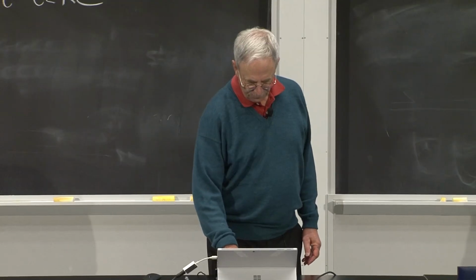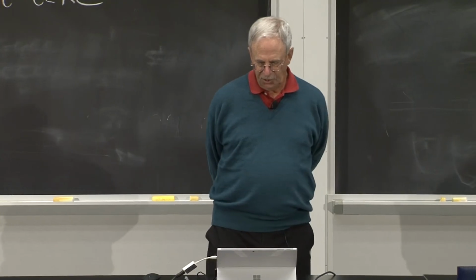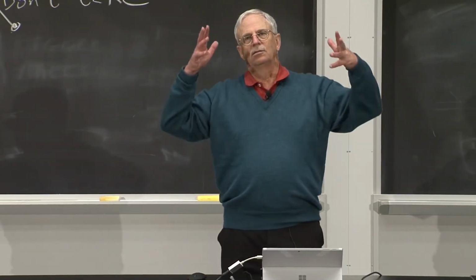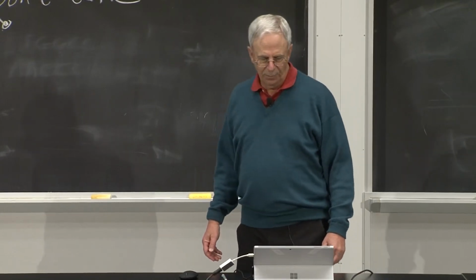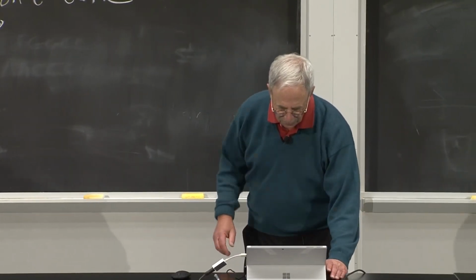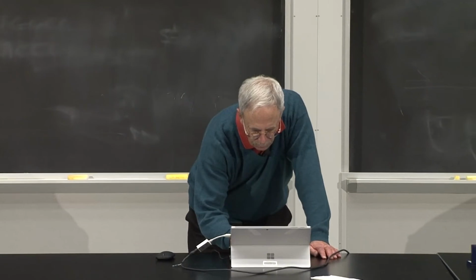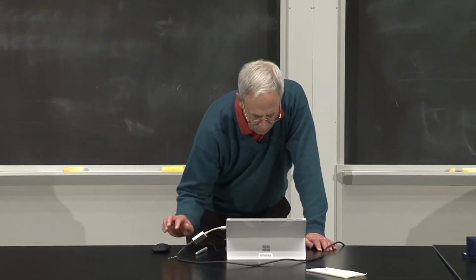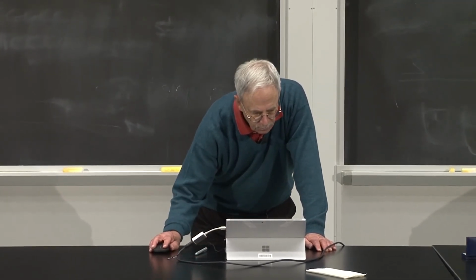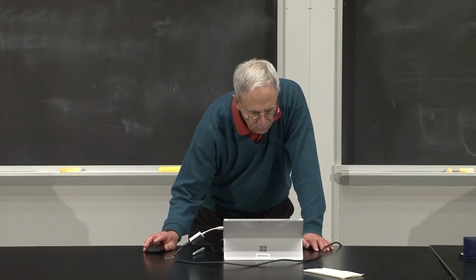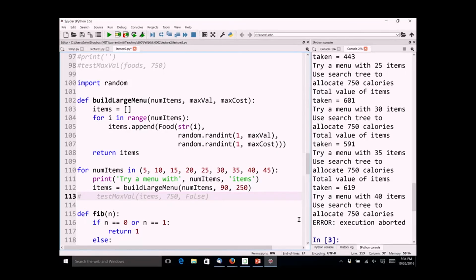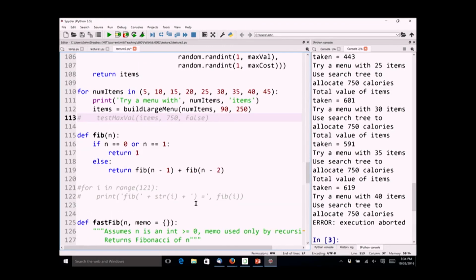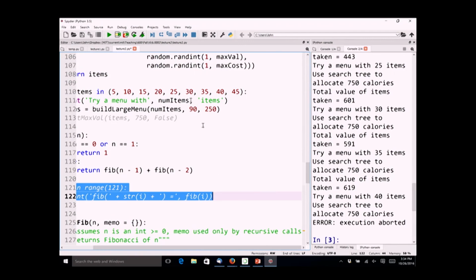So let's think about implementing it. If we run Fibonacci, well, maybe we'll just do that. So here's fib of n, and let's just try running it. And again, we'll test people's patience.